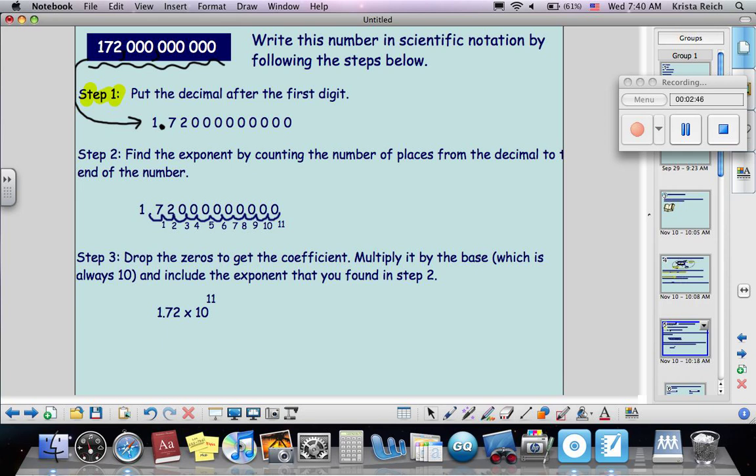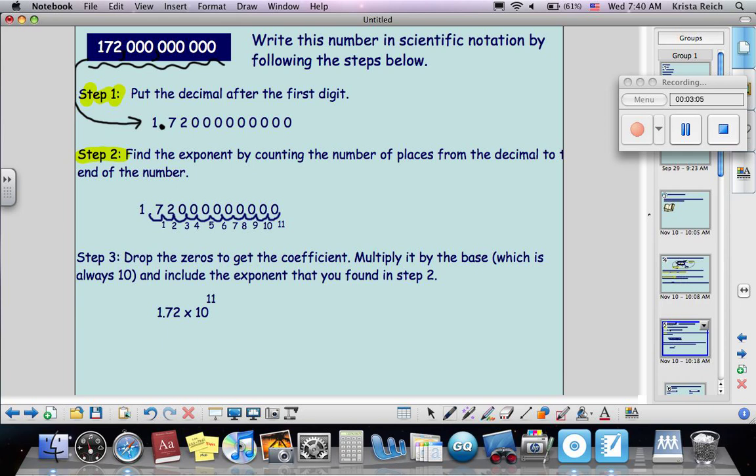Step 2 of scientific notation is to find the exponent. You're going to find the exponent by counting the number of places from the decimal to the end of the number. So please be very careful in your counting.